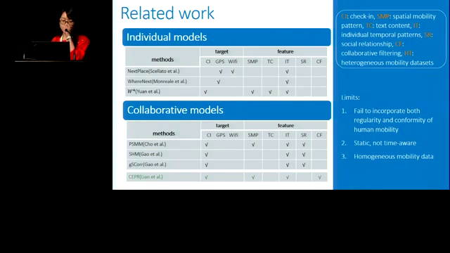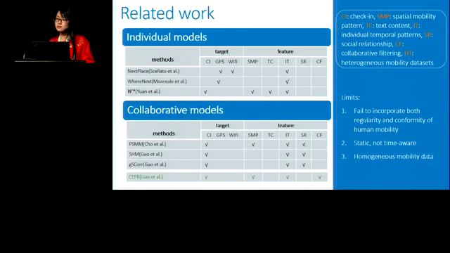Second, different people may have similar location preferences, and so social relationships have been brought to location prediction and recommendation systems. A very few methods consider both the individual and collaborative factors, like the state-of-the-art CEPR model. But it only focuses on one of the factors, considering the other one as side information.